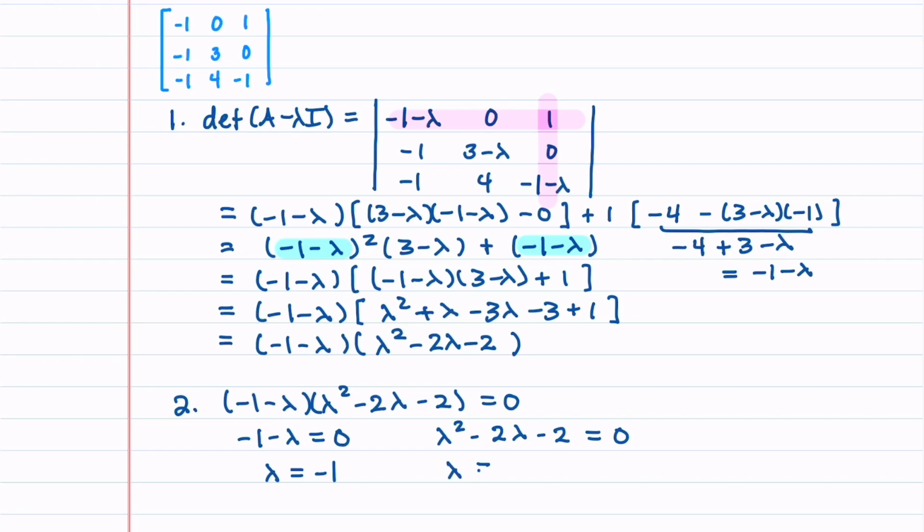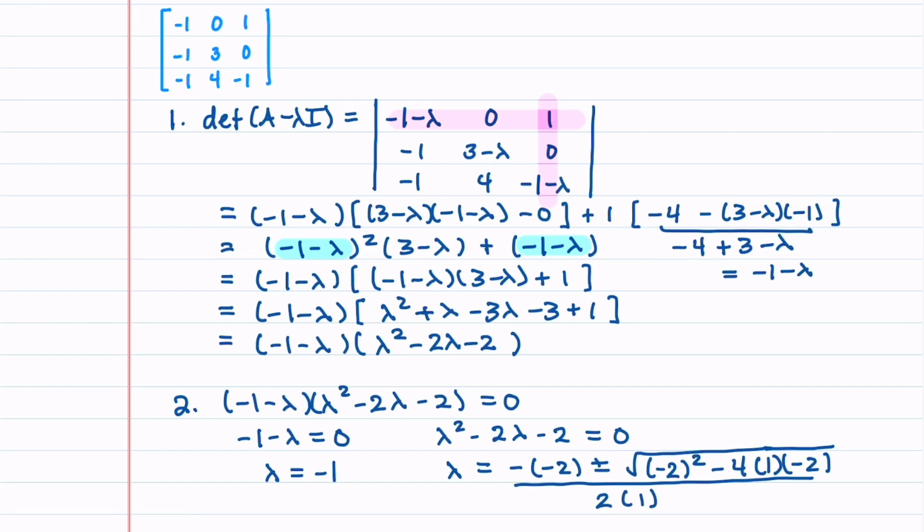We have lambda is equal to negative b, so that's minus a negative 2, plus or minus the square root of b squared, minus 2 squared, minus 4 times a, which is 1, times c, which is negative 2, all divided by 2 times 1.